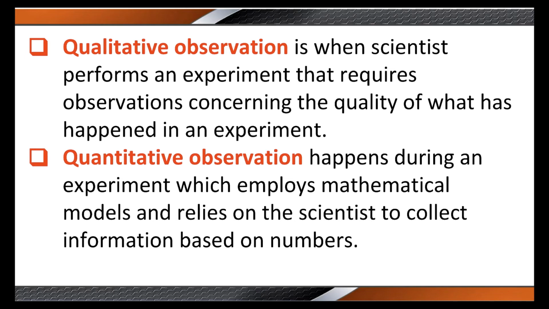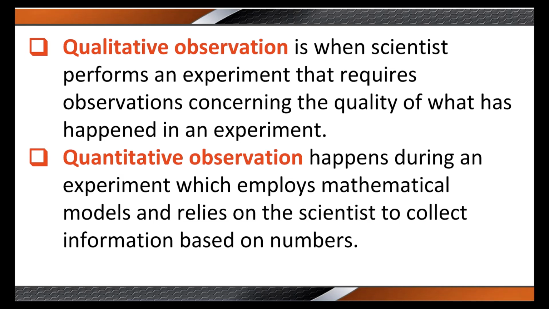Look at the root of our word, quantitative: quantity. I deal with numbers. So if I'm dealing with numbers, then I can collect data. It is going to be an exact value. And from those values, I can come up with mathematical models to try to explain what it is that I'm seeing.